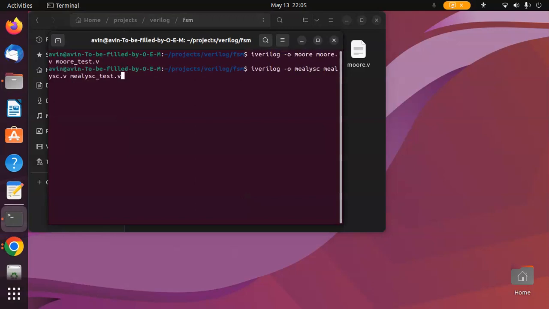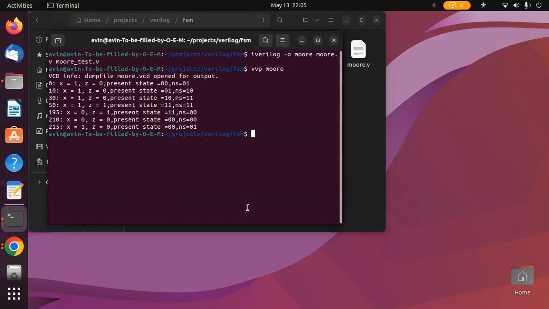Okay, no error. You see that present state you have 0 0, as input is 1, next state is 0 1. So next state you have 0 1, the input is 1, next state is 1 0, and again you have 1, the next state is 1 1. So see, here input is 1, output is 1, present state is 1 1, next state is 1 1.